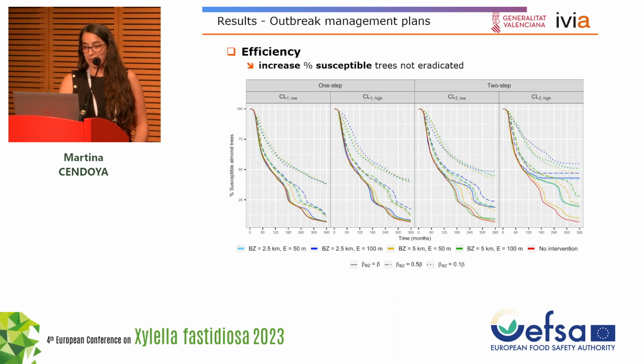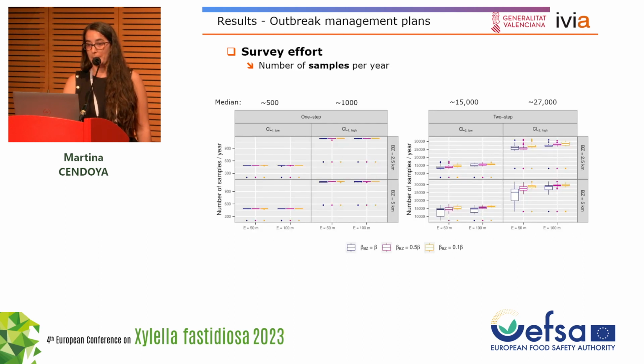But in this case, the reduction of the transmission rate in the buffer zone has a higher effect. I don't know if you can see well, but in all combinations, the best result is with the higher reduction of the transmission rate in the buffer zone. Also, here we have better results with the 2-step approach.